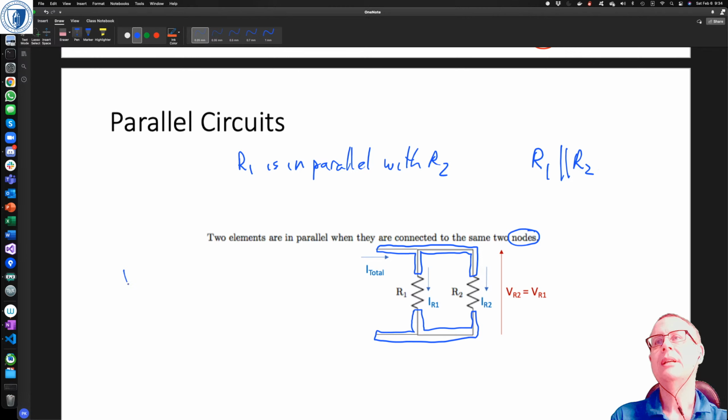Right, so VR1 equals VR2. And that means that the currents through R1 and R2 are not equal in general.